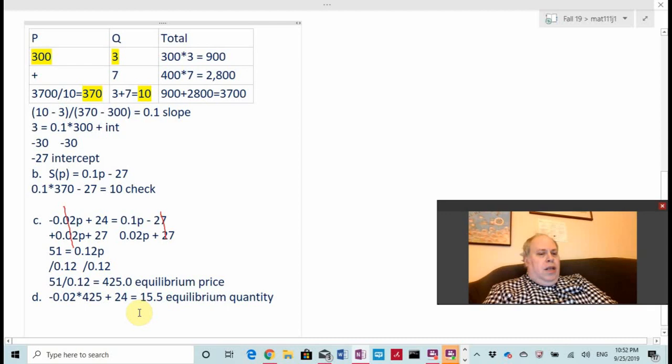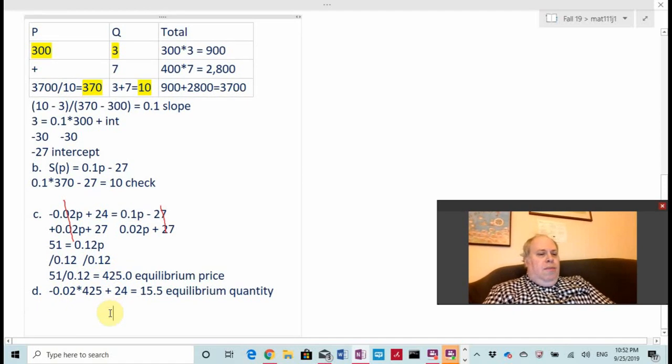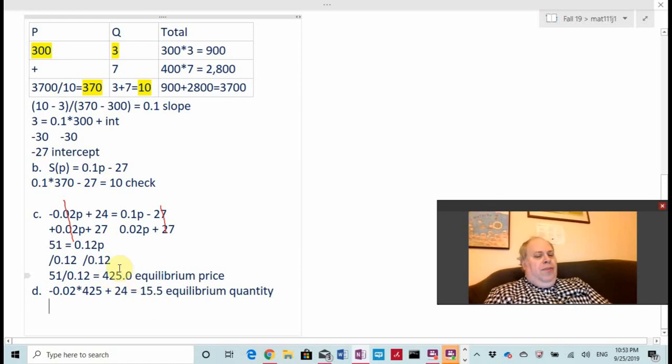But to check, it's only equilibrium if we get the same quantity from both formulas. By the way, a fraction is not a bad thing here because we're dealing with an average seller. Sometimes they're going to be charging a little more than 425, and so they'll sell 15, and sometimes they'll charge less and sell 16.